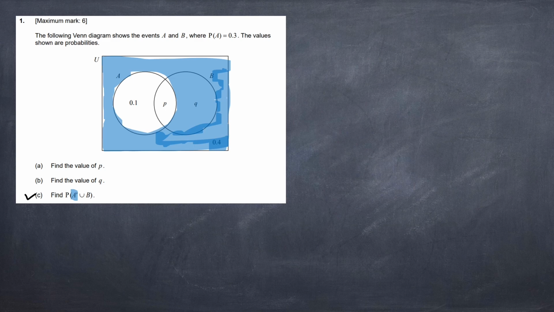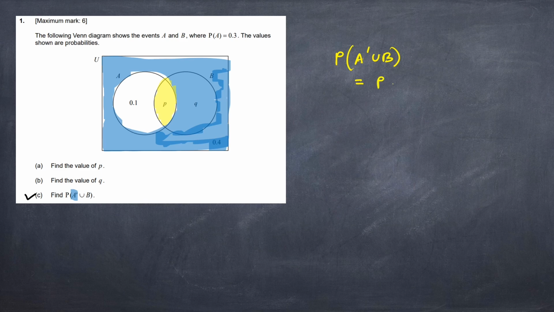Now we have another part, that is union B. Union B means the part that is inside B, so this part, and then it will complete the region. From the image you can see that P of A complement union B is basically the area outside 0.1.